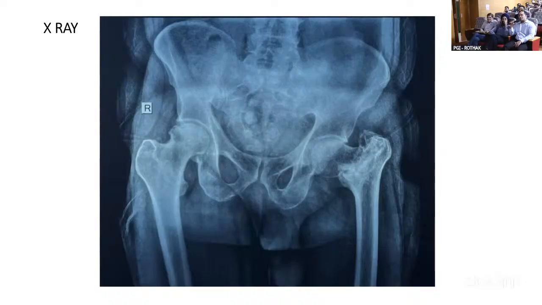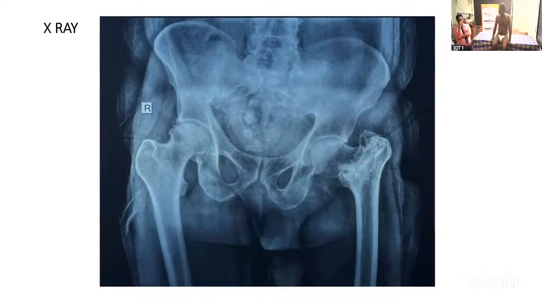So what is your diagnosis after seeing the X-ray? The X-ray shows both hips, AP view.